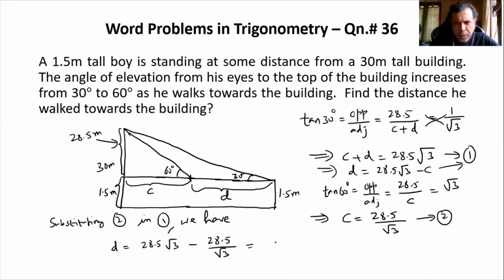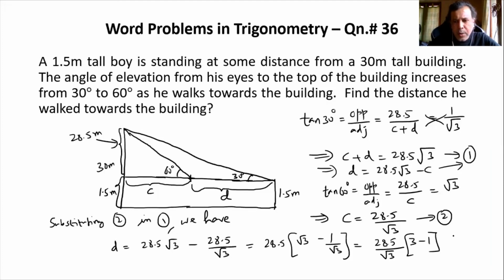In this, if we notice, 28.5 is common. Let us take it outside. We'll have root 3 minus 1 by root 3. Let me take LCM. If I take root 3 as the LCM, then this will become root 3 into root 3, which is 3, minus 1.